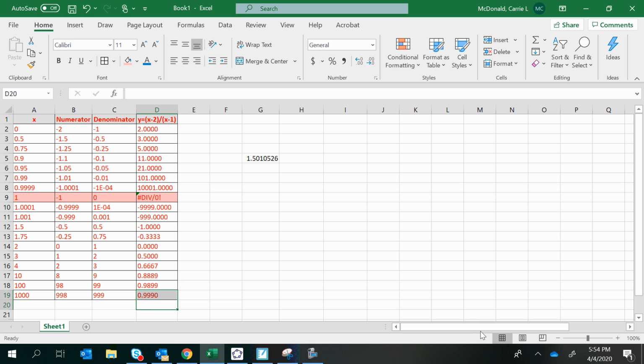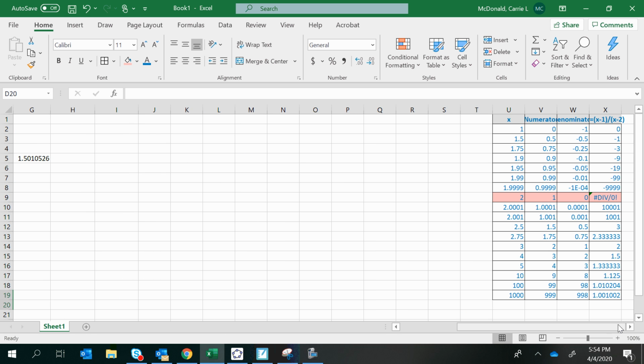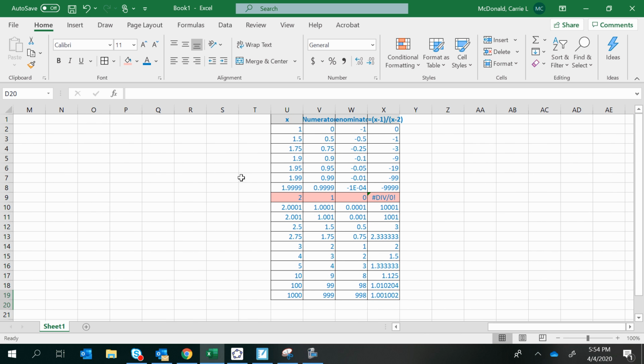What about for the blue? For the blue, just the opposite is happening. Here's my vertical asymptote, different number, but the same type of behavior is going to occur, just opposites.